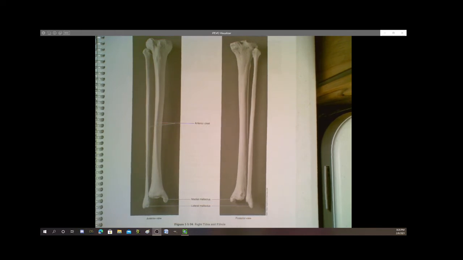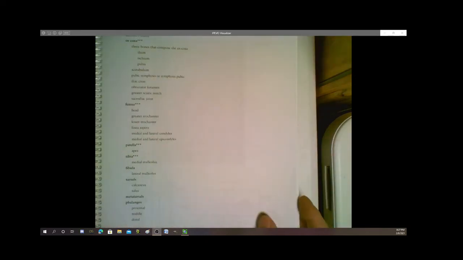You've got a bump on the outside of your ankle and a bump on the inside of your ankle. Those are the malleoli. So the tibia has the medial malleolus, and the fibula has the lateral malleolus. That's all you need to know for these bones. There's nothing else on the list. It's just tibia and fibula with their lateral and medial malleolus.